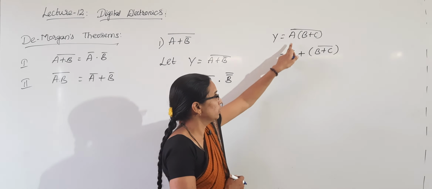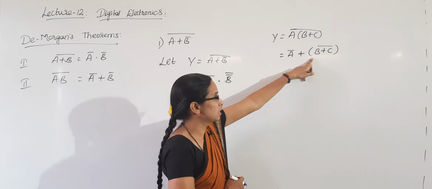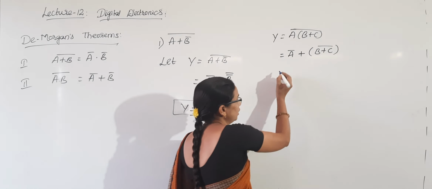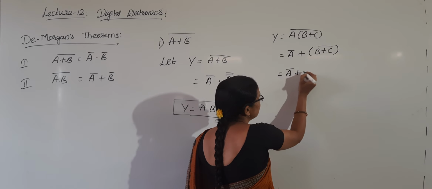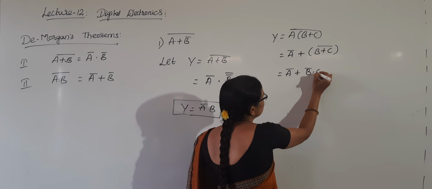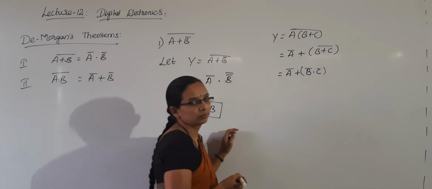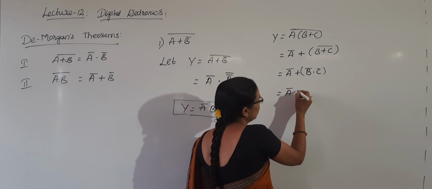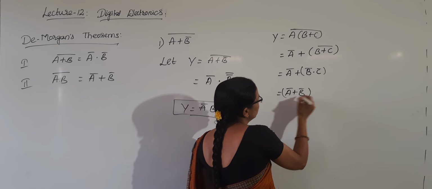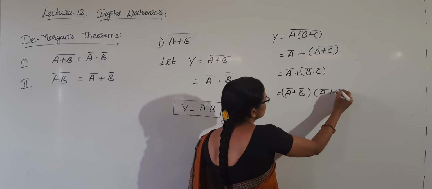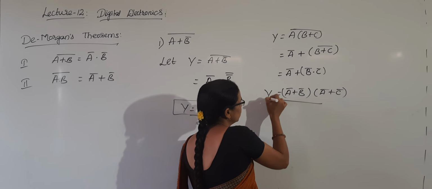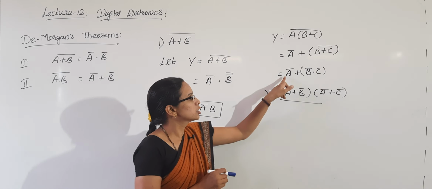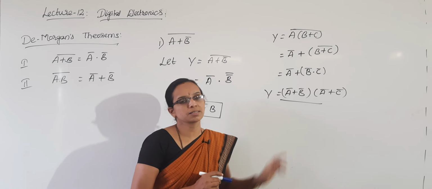So, I have put a bar plus (b plus c) whole bar, keeping the whole bar like that, and the plus sign. Here, a bar plus b bar into c bar it will be. If you want to expand it, (a bar plus b bar) into (a bar plus c bar), according to the distributive property of the Boolean expression you will get expanded like this.